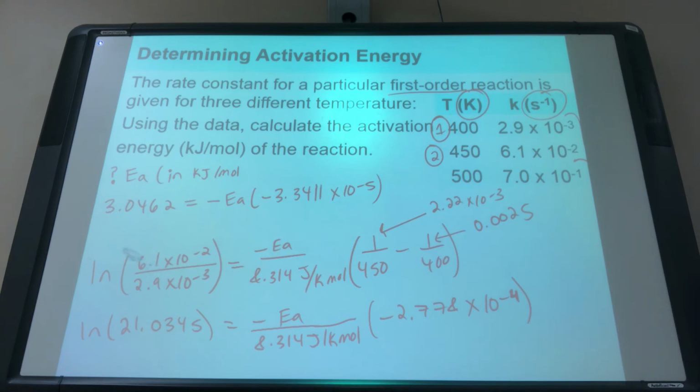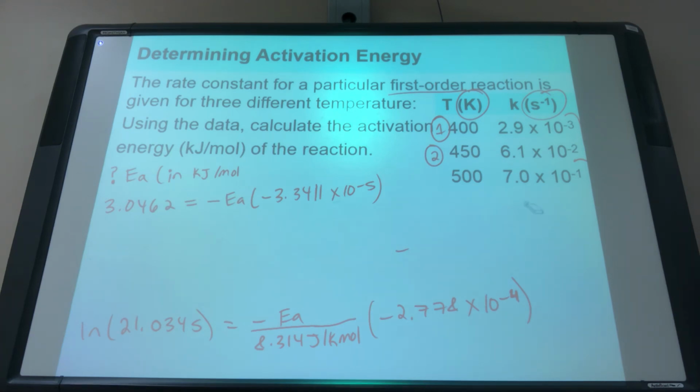All right, so we want to get EA by itself. So we want to move that number over. But instead of moving the negative over, we see that this is a negative right here, and this is a negative, so it ends up being a positive. So when we move this over, let's just move positive 3.3411. This number divided by this number gives me an EA equal to 91173.56.